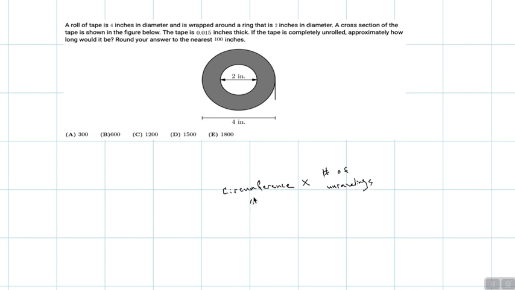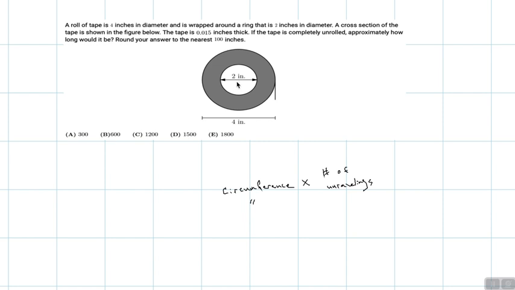So circumference, it would be easy to say that the circumference here is just going to be the 2 pi r.